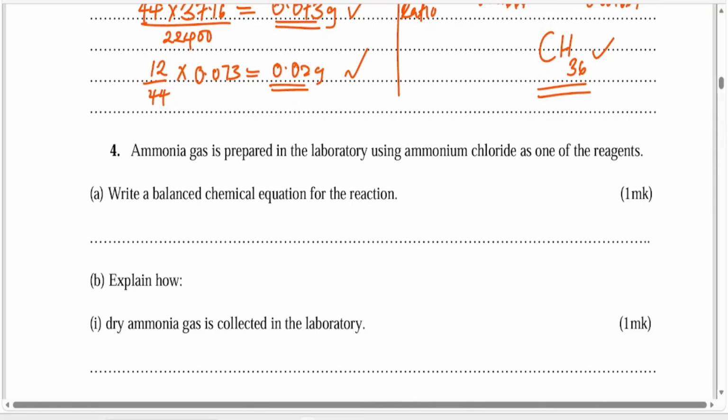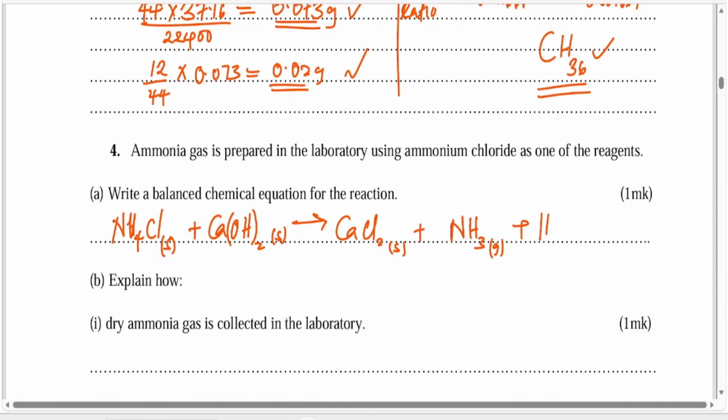So writing the equation, we have ammonium chloride, which is a solid, reacting with calcium hydroxide, which is also a solid, and we obtain calcium chloride, again a solid, and our key product, ammonia gas, and at the same time water, which is a liquid. I balance the equation by putting a 2 on ammonia, and the equation becomes balanced.